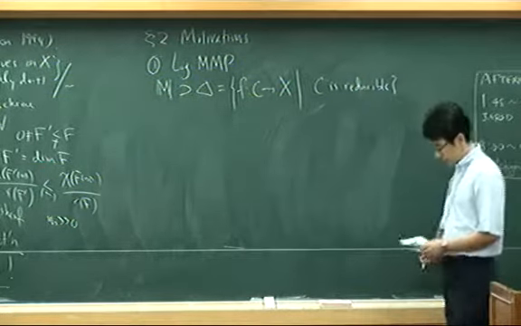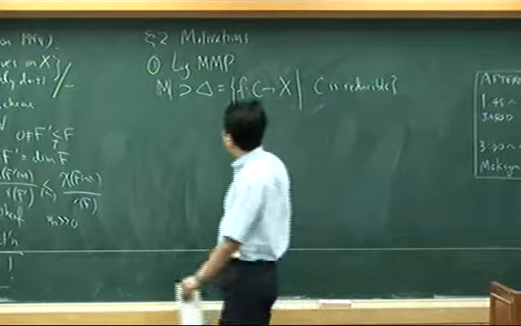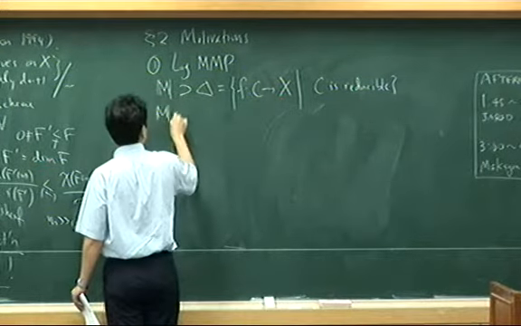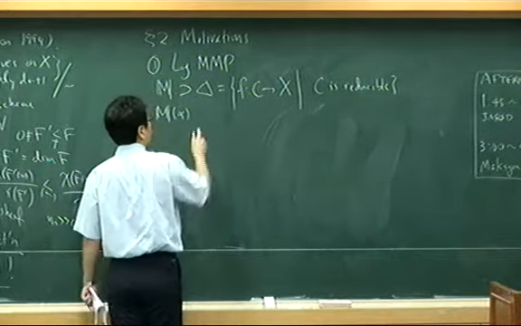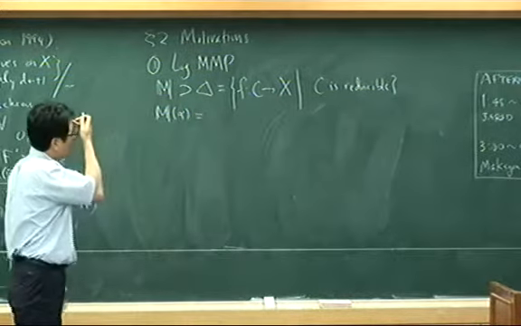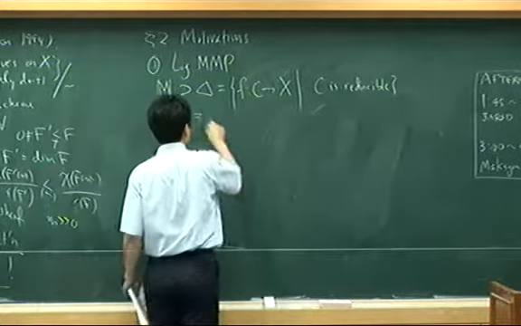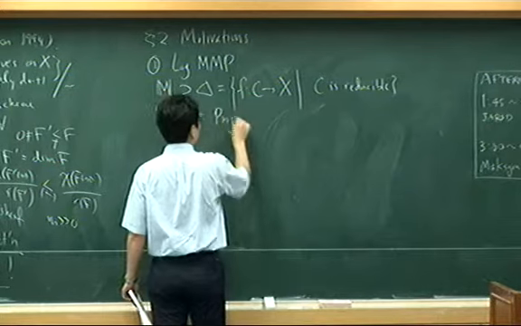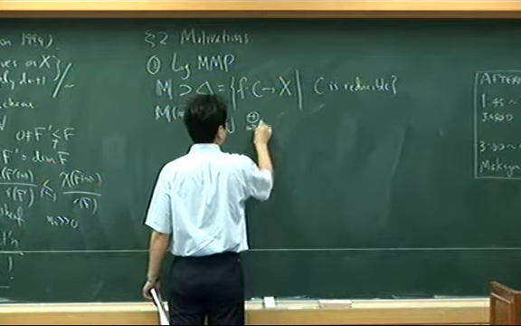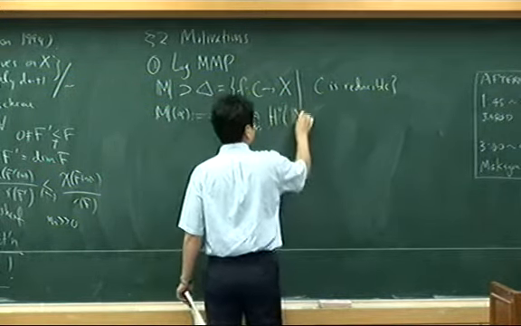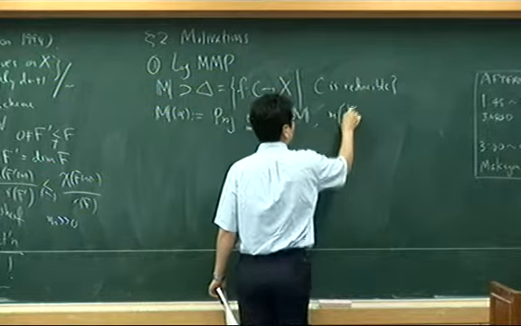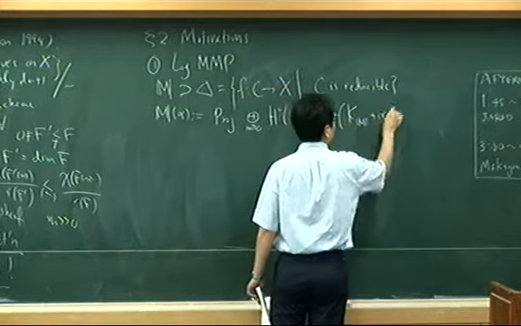So this is a boundary divisor. And then you can think about the log canonical model of M. This is defined as the direct sum over m greater than or equal to 0 of H0 of M, m times (K_M plus alpha delta).